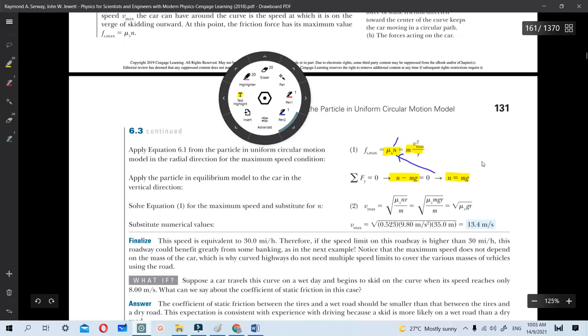This is exactly what they did just now. Hence your equation turns out to be coefficient times mg equivalent to mv squared over R. Remember that v is maximum because the expression of Fs represents the maximum static friction that can be withstood.